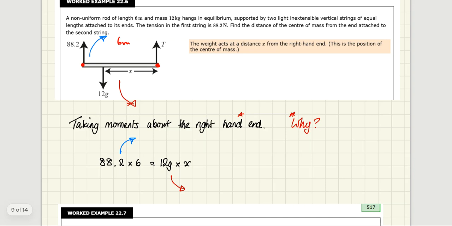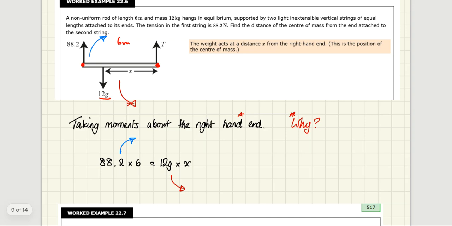So what have I done here? I've taken the right hand end because that gives me an expression 12g times x. What is that? That's the anti-clockwise moment of the 12g around this point, yeah? Right.